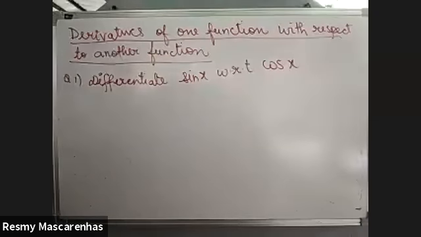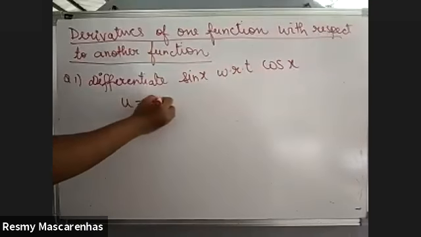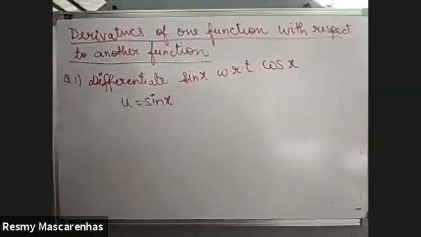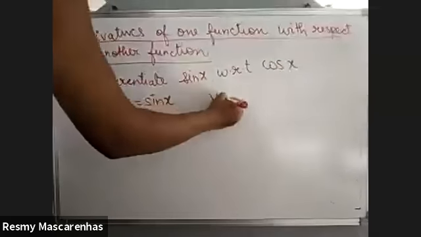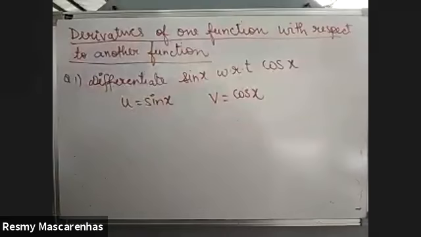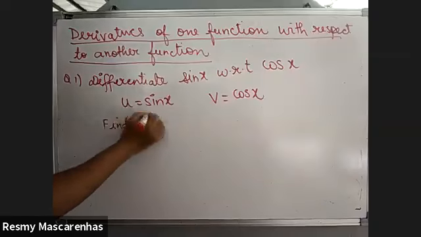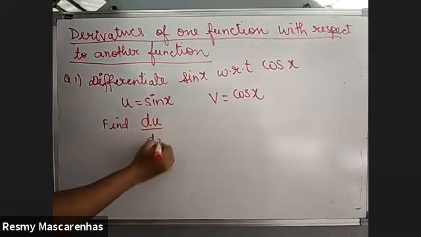So when something like this comes up, what you have to do is assume the first one to be u. Any other letter also you can use, and the second one to be v. So the first function you take as u, and the second function you take as v. What you have to find is du upon dv.